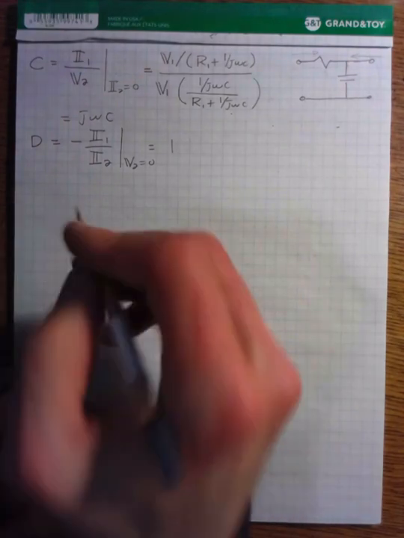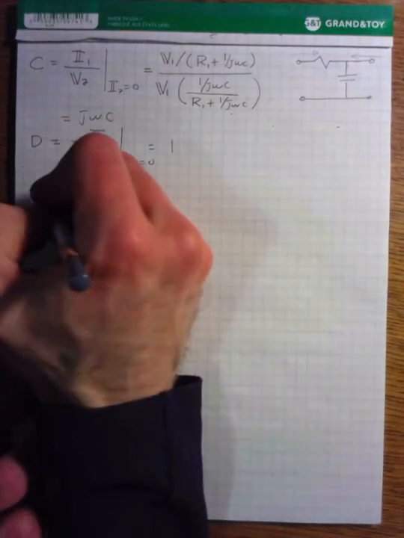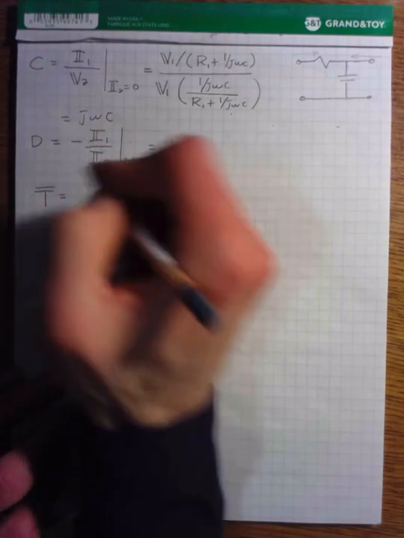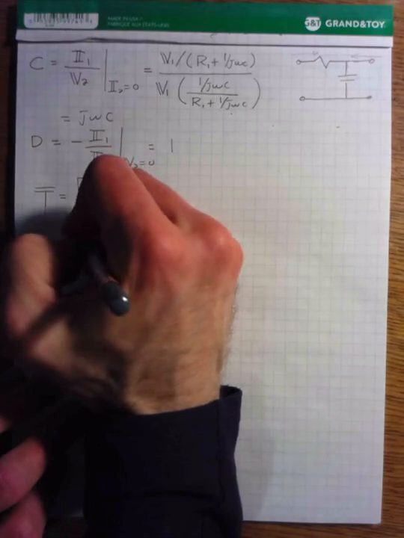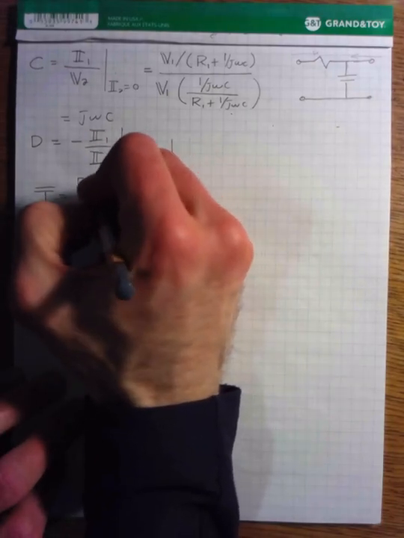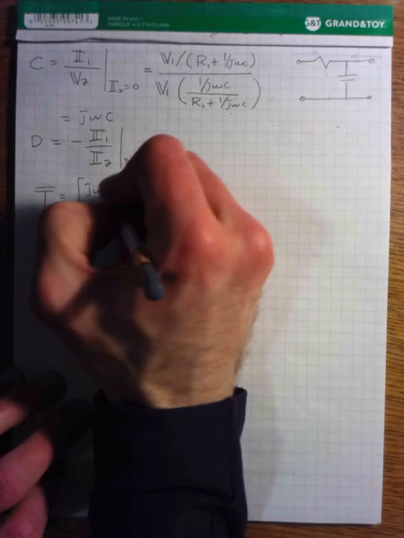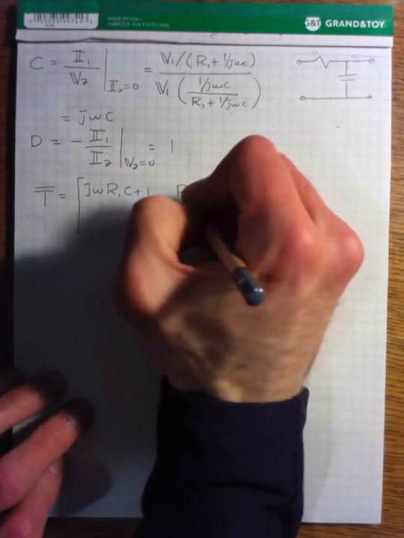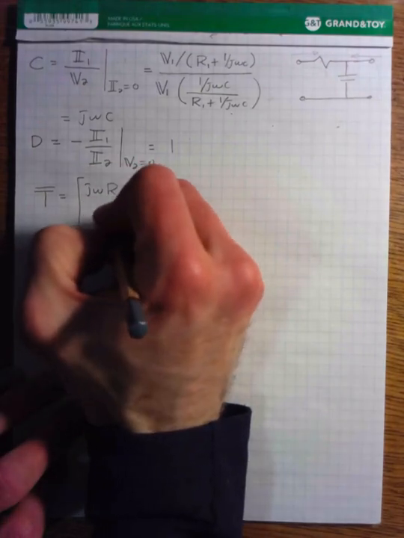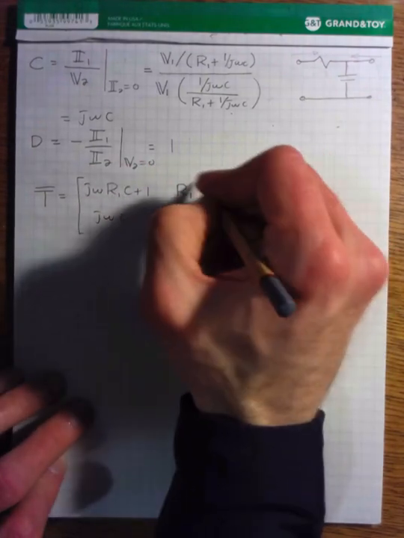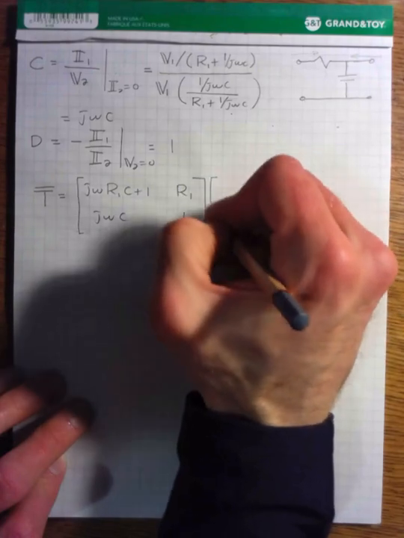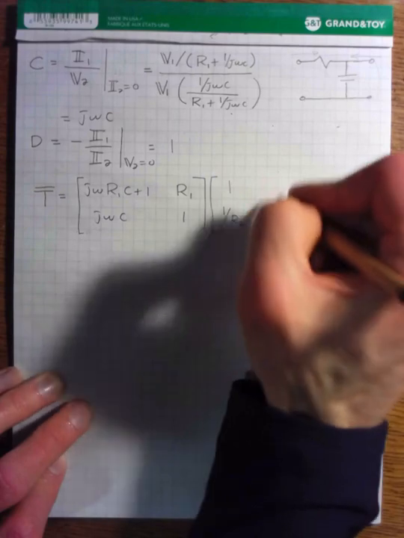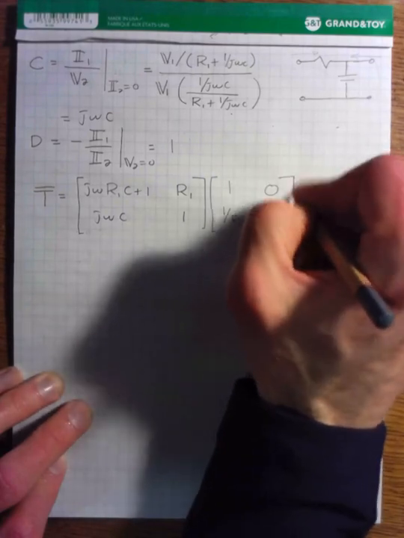And so our cascaded system then can be found by the matrix multiplication of these two ABCD parameters: j omega R1 C plus 1, R1, j omega C, 1, times 1, 1 over RL, 0 and 0.